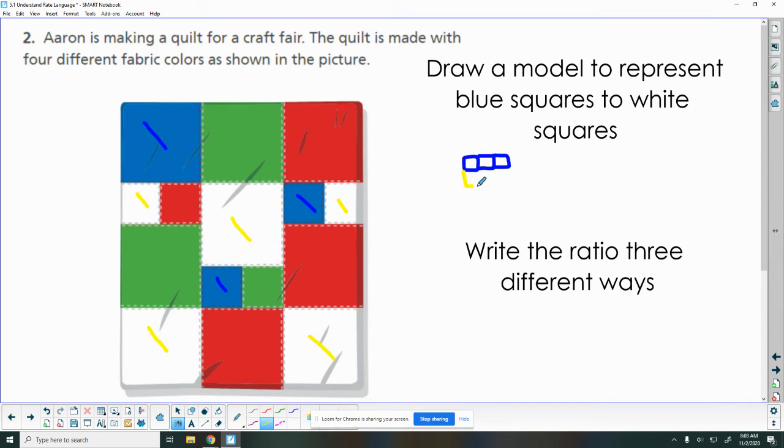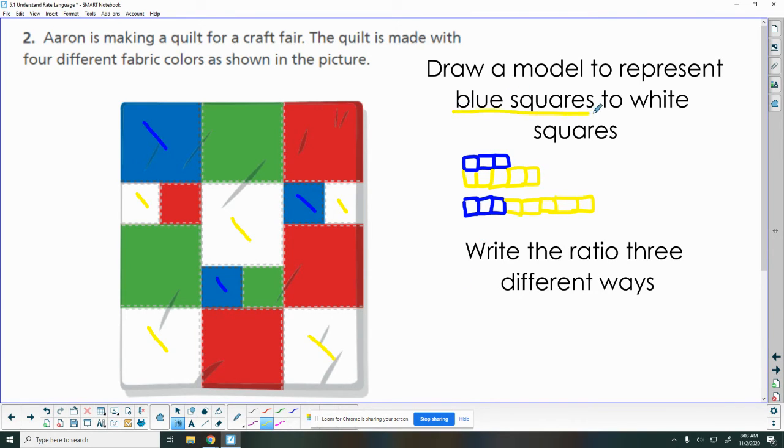So I could draw like a tape diagram and show 1, 2, 3, 4, 5. I could also just line those up and say there are 3 blue and there are 1, 2, 3, 4, 5 white. Either way, I'm showing 3 blues and 5 whites here. So we're going to write that ratio 3 different ways.